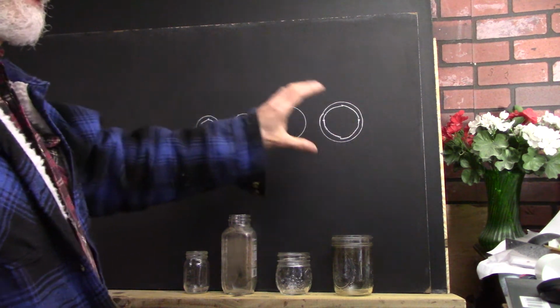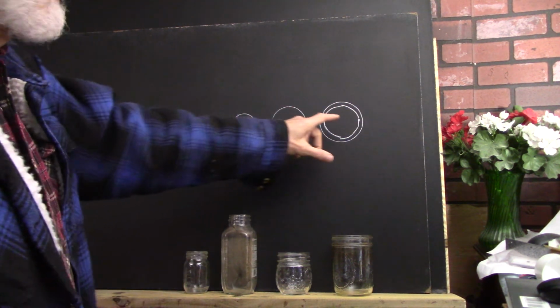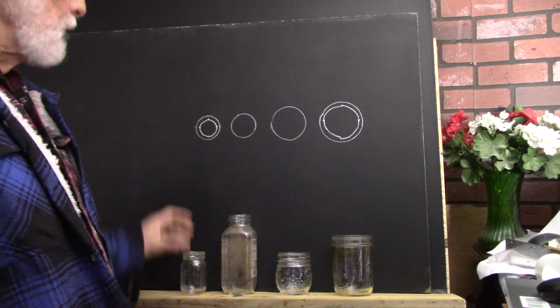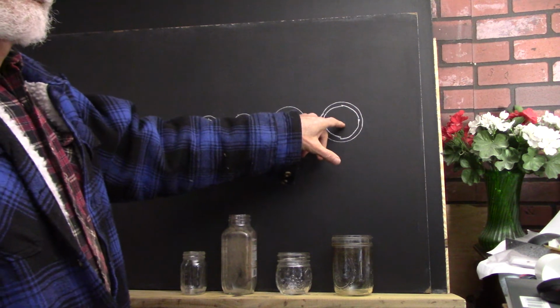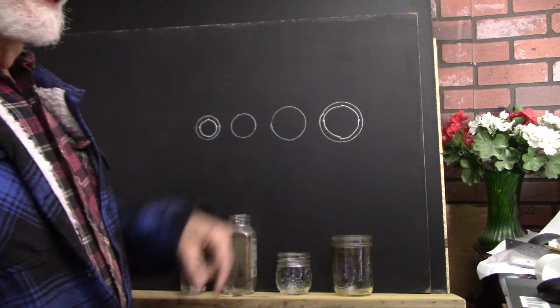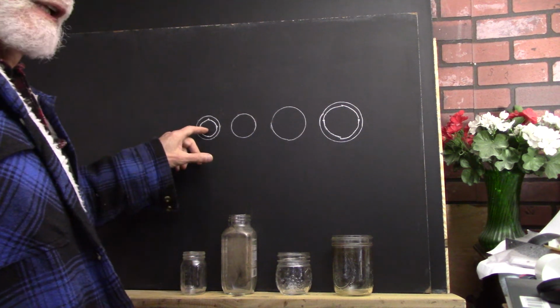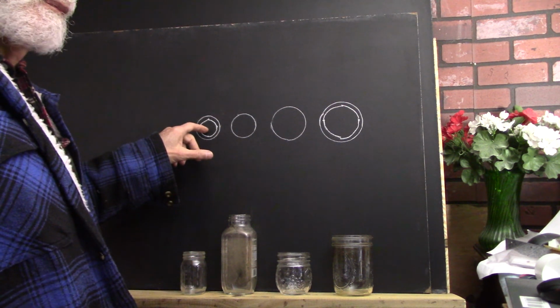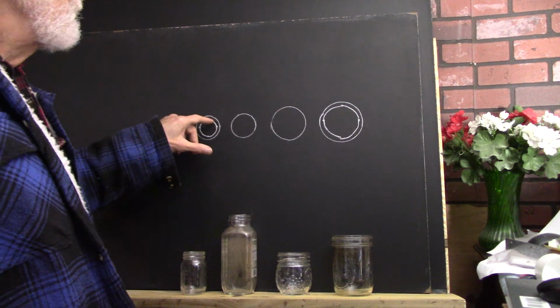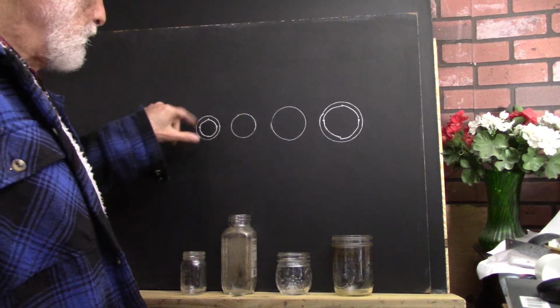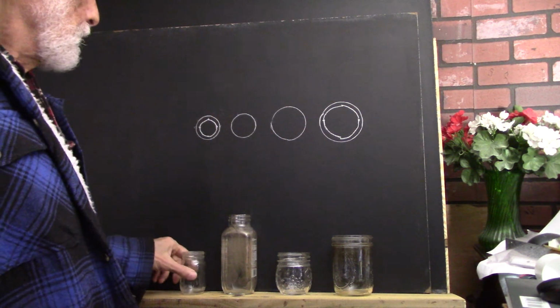Actually, we might have some problems related to that, but I want you to understand the question. The question is, if we wanted to do this by making these circles and represent the inner diameter, we would need to know how the inner diameter is related to the outer diameter, or the diameter of the chalk line here.